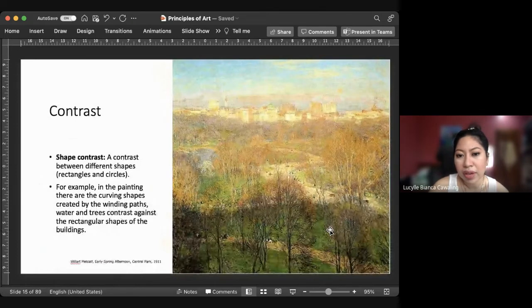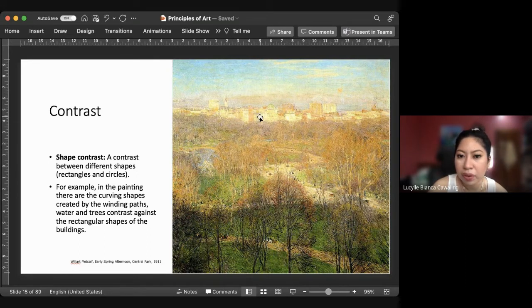And then you also have shape contrast. That is a difference between the shapes. For example, the shapes here are a little bit freeform, not so geometric, very organic.